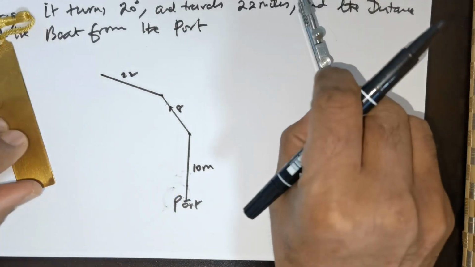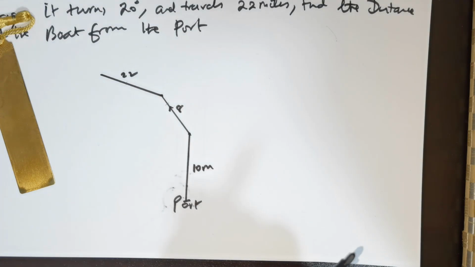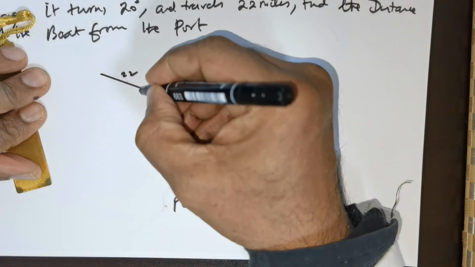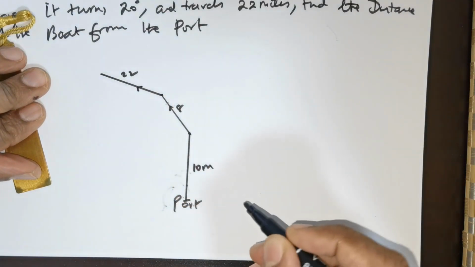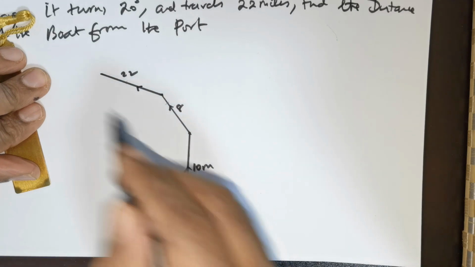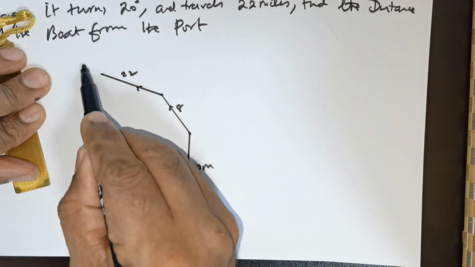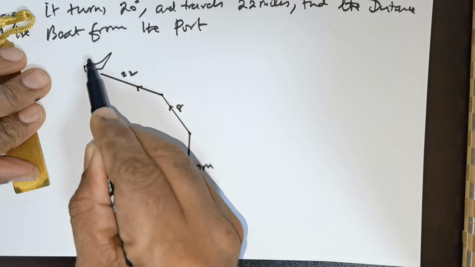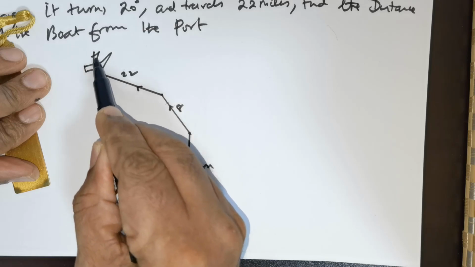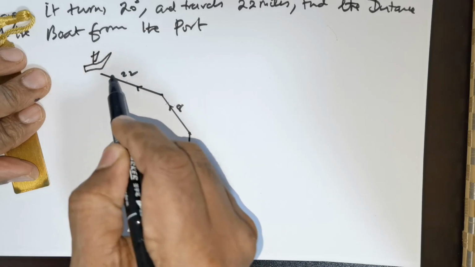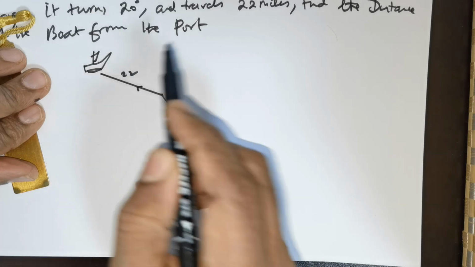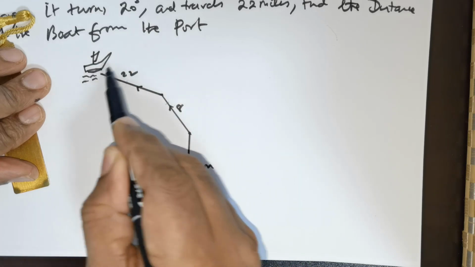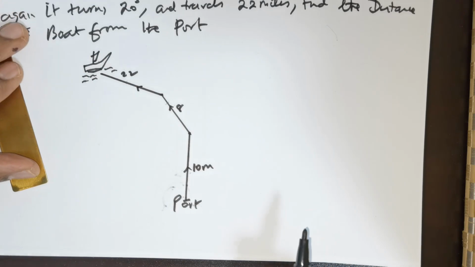Okay, now this question we need to handle with a little bit of care. So this is the direction of the boat. Let me draw the boat. So this is the boat, right? And you have the sea, waves in the sea.